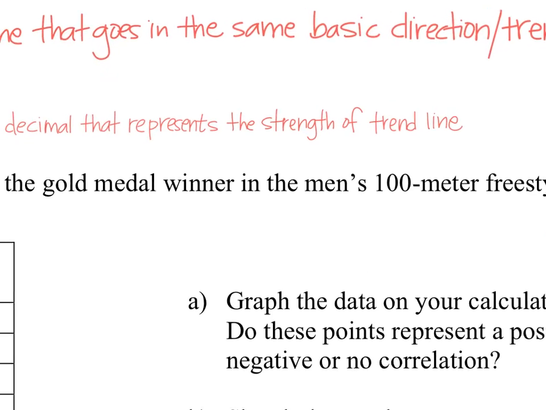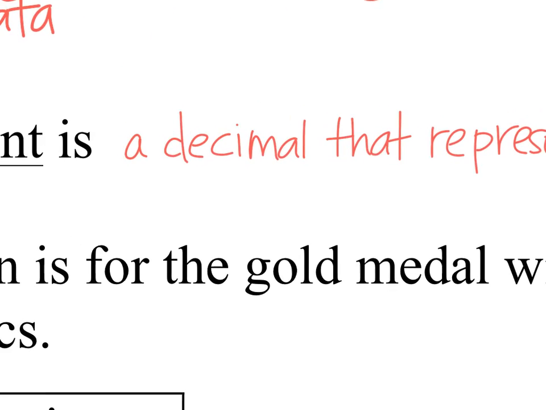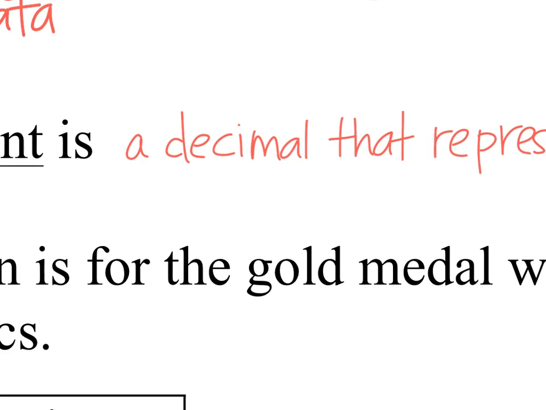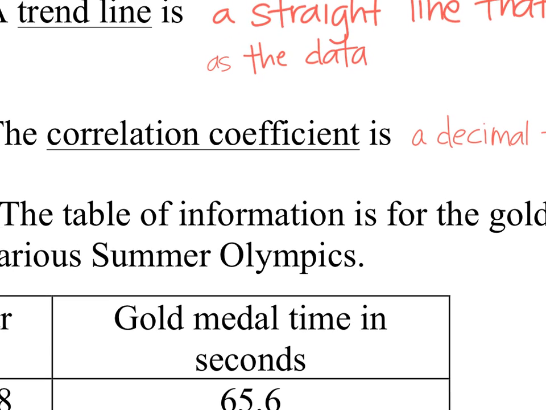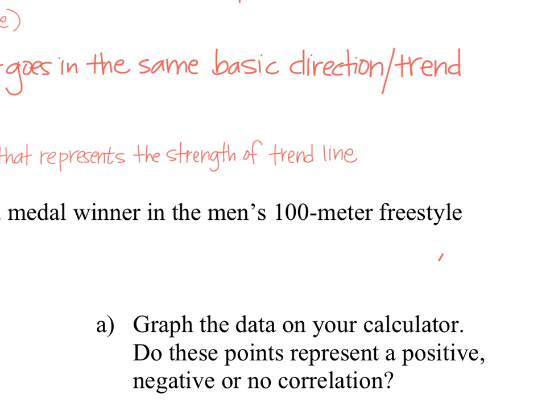All right, if it is a positive trend line, oh, and it's always called the letter R. I don't know why. I haven't figured that out yet. The correlation coefficient, you know, you have M for slope and B for y-intercept. They chose the letter R to stand for the correlation coefficient. So, yeah, you might want to note that. Okay, we're going to call that the letter R.